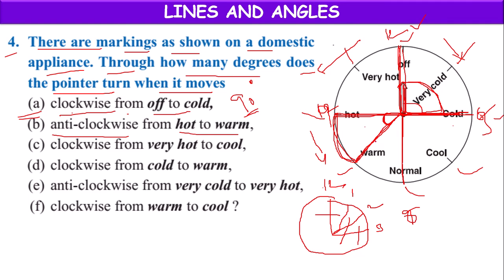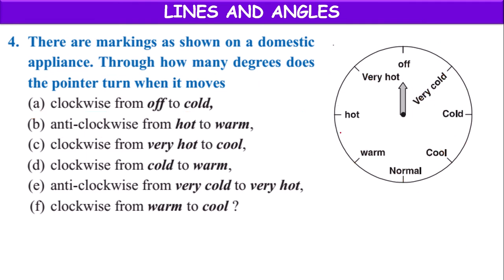The circle altogether is divided into 8 parts, so each part is equal to 360 by 8, which is 45 degrees. Now we have to find the rotation from hot to warm. It is equal to 1 part, which is nothing but 45 degrees.